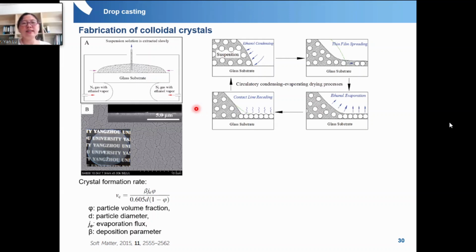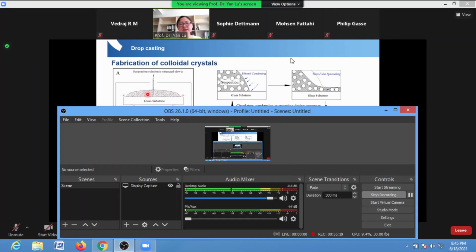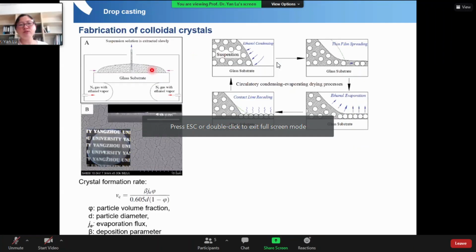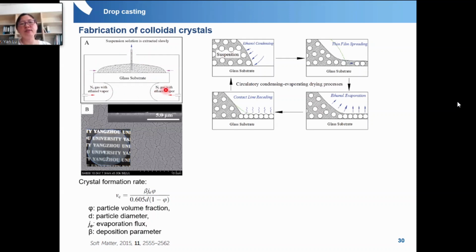And that's why these authors modified the way they put the substrate and the colloidal dispersion of their particles into a semi-closed setup, because then they can control the humidity.